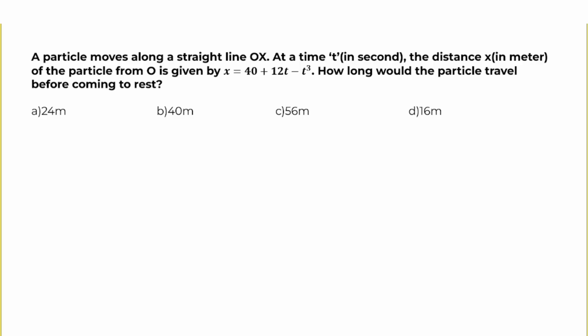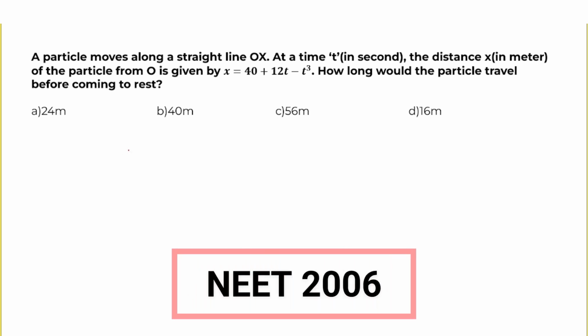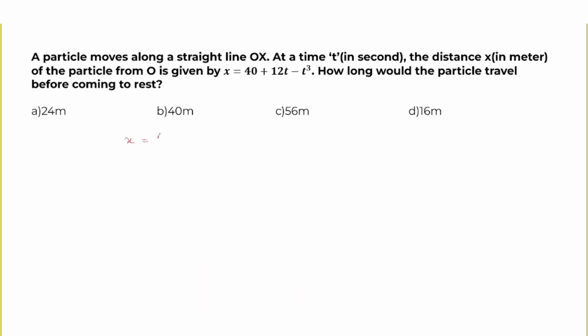A particle moves along a straight line OX at time t in seconds. The distance x in meters of the particle from O is given by x equals 40 plus 12t minus t cube. How long will the particle travel before coming to rest? If it is coming to rest, velocity will become 0.